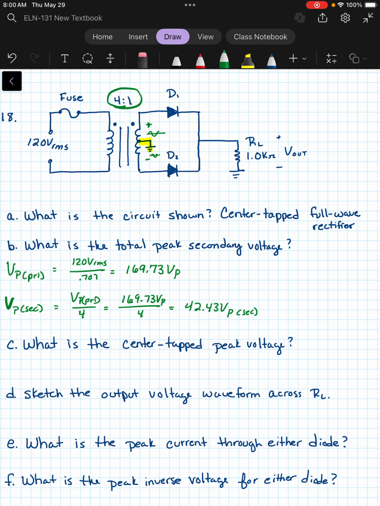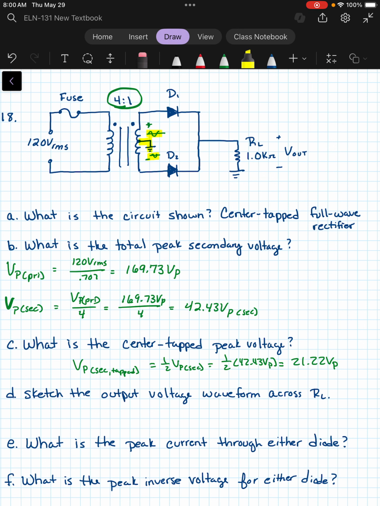So the center tapped V peak secondary tapped will be half of V peak of the secondary. So 1/2 of the 42.43 will give us 21.21 or 22, something like that. Okay. So that's what we would see as the peak for just the signal going to D1 or just the signal going to D2.